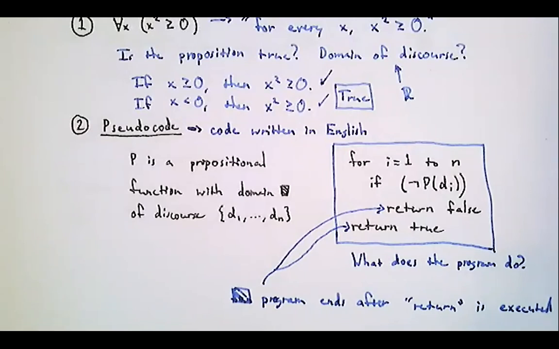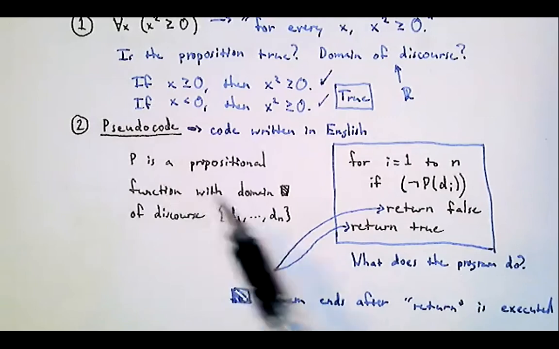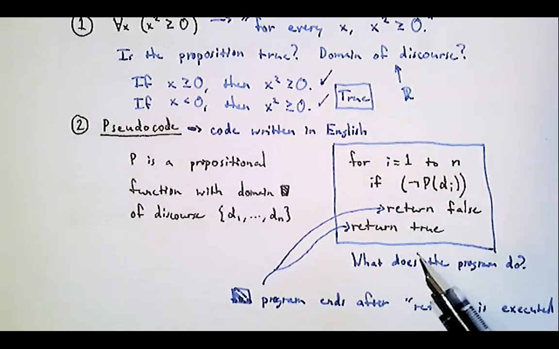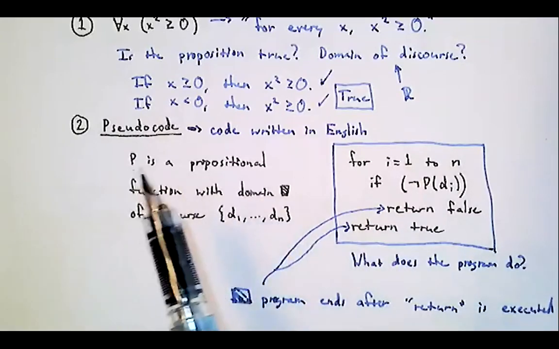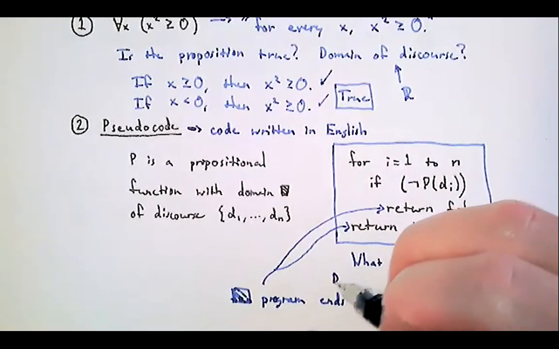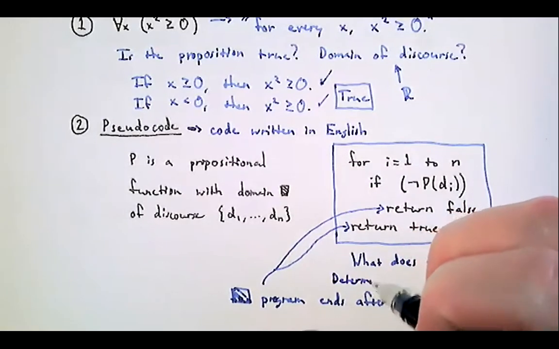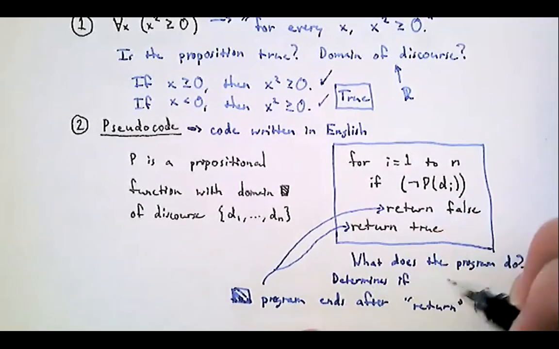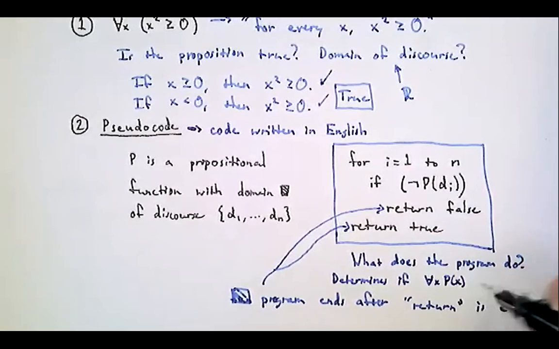Okay, yeah, it can be hard to type out these complex kinds of ideas. So let me tell you what it does if you haven't worked it out for yourself. What it's going to do is tell you if this proposition, for all x, P of x, is true or false.